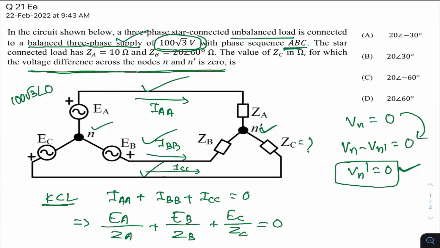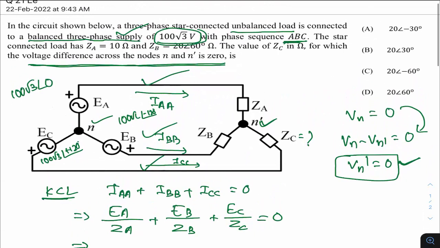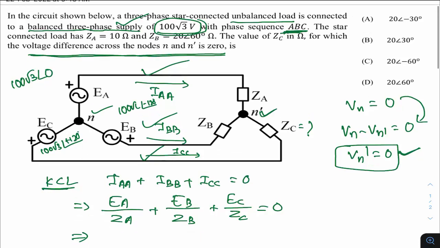Then EB is 100 root 3 at an angle of minus 120 degrees, right? And EC is 100 root 3 at an angle of minus 240, which is equivalent to plus 120 degrees. Both mean the same. Because the sequence is ABC or positive sequence, by default we take A as the reference whose phase is 0, and the rest are shifted by 120 degrees each.